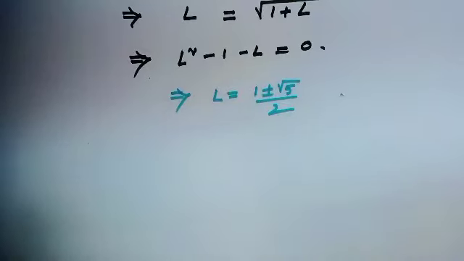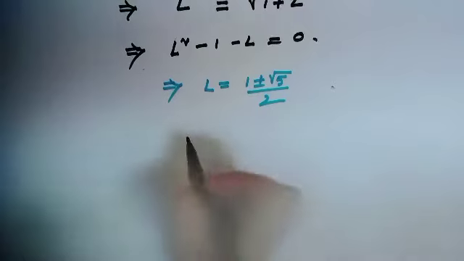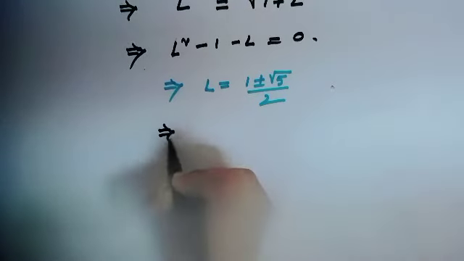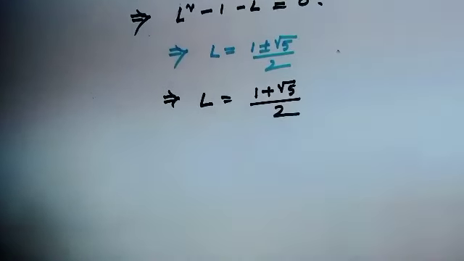Since each term of the sequence is positive, by the monotonicity we can write L will be greater than 0. So the value of L is always (1 plus square root of 5) over 2.